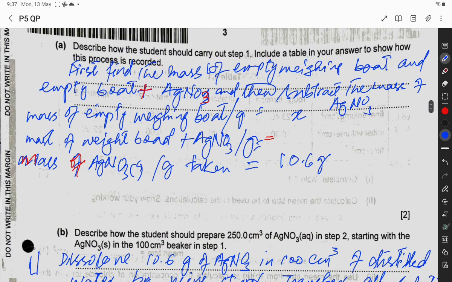Mass of empty weighing boat in gram is equal to x. Suppose this is x.